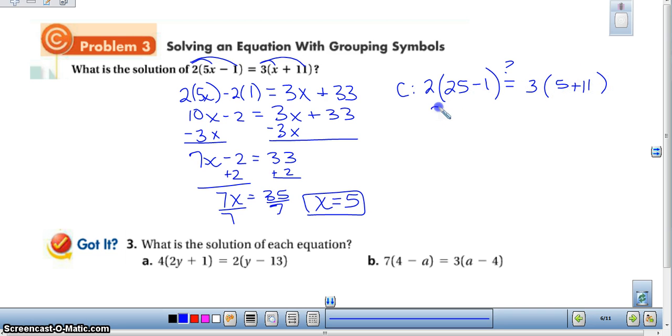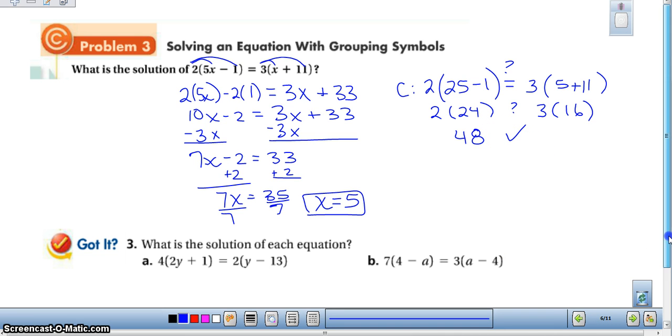If we are looking at that, 2 times 24, is it the same as 3 times, and we are looking at this one, 16. When we multiply here, we would be looking at 48, and 3 times 16 also gives us 48, and it checks.